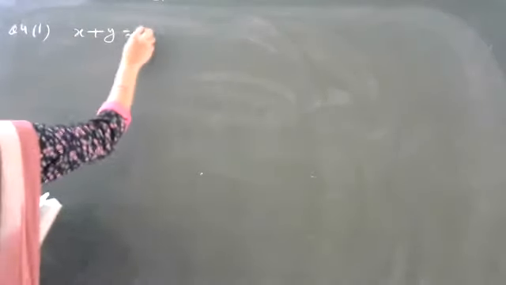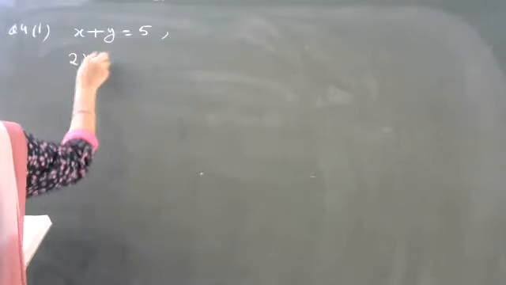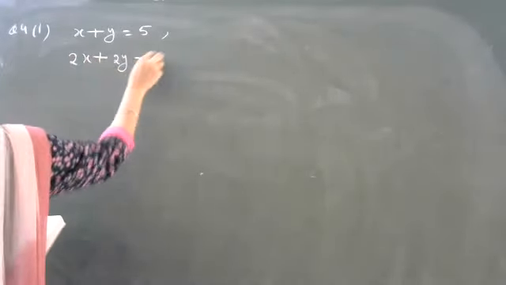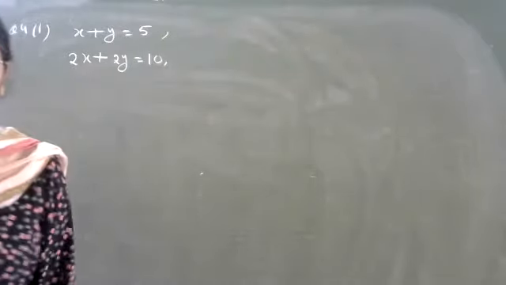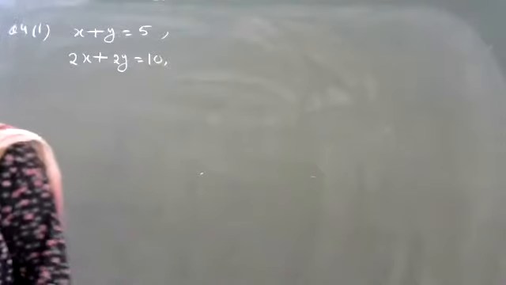You can do that yourself. First equation is x plus y is equal to 5, and the second one is 2x plus 2y is equal to 10. These are the two equations. So which type of equations are these?